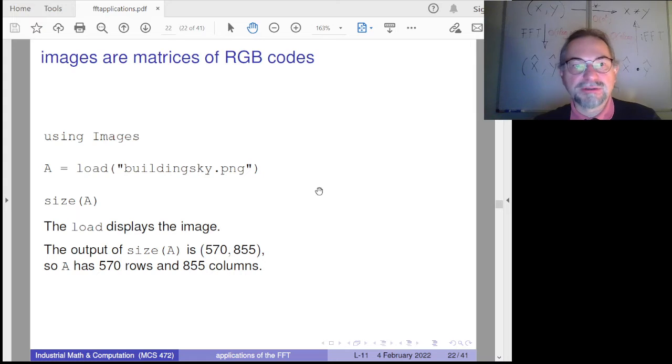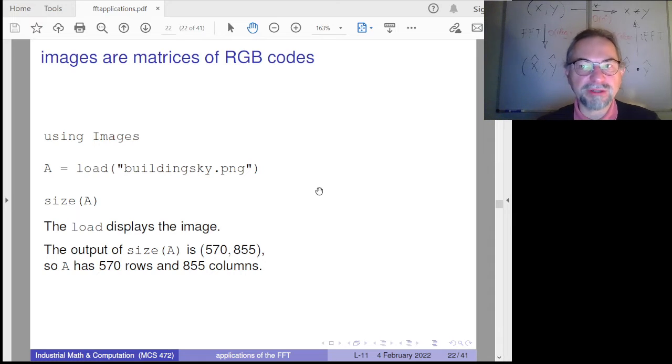So okay, there is some hurdle here. Using Images will install a lot of packages. Sometimes you may need to be patient. You need to have the image that you want to work with in the correct position.